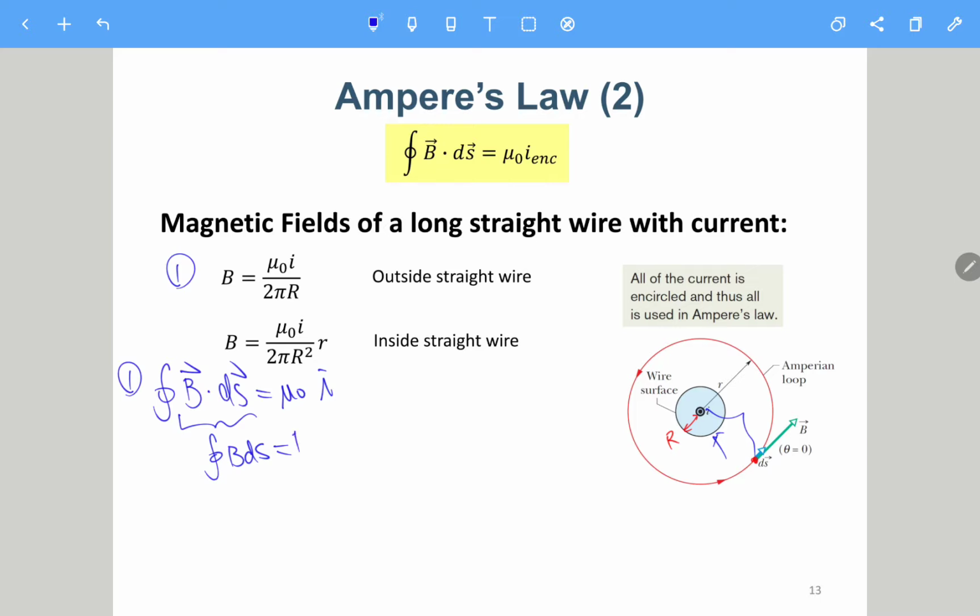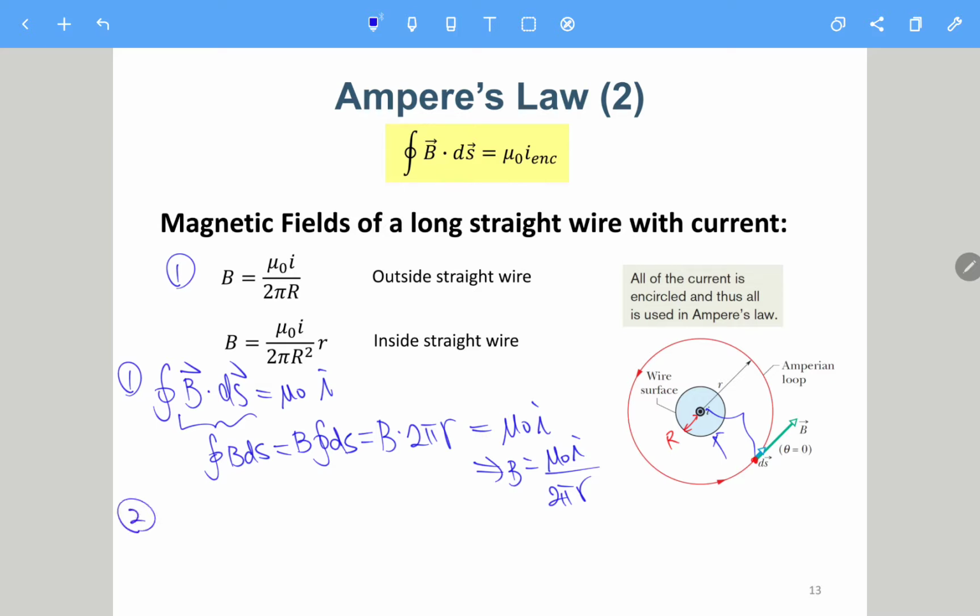So it becomes B times the integration of ds, and the line integral of ds is nothing but the circumference of this circle, which is 2 pi r. This equals mu 0 I, so B equals mu 0 I over 2 pi r, which is the same expression as we got before.